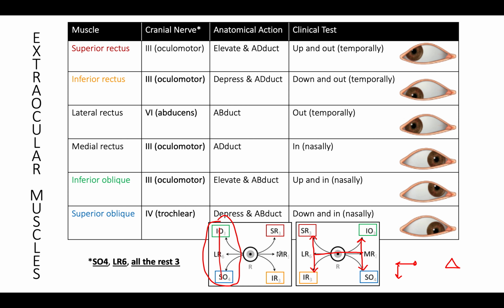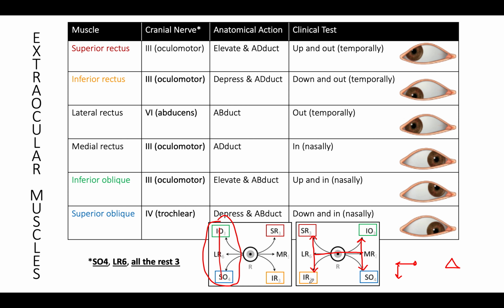But when I move it medially and then move it in a direction, it can't be any of those anymore. Or if I move it laterally and then move a direction, it can't be anything that's moving my eye laterally. It's got to be another muscle that can do that, because I'm locking out these lateral muscles. So I'm just hoping this helps. If not, you can always draw this out on your scrap sheet of paper, like just memorize it and know what the clinical tests do. But I just thought I would try to explain this to you so that maybe you can understand it better.